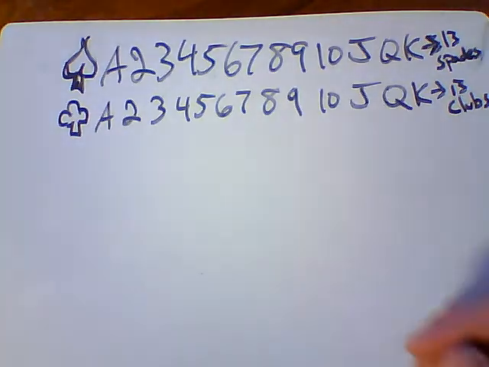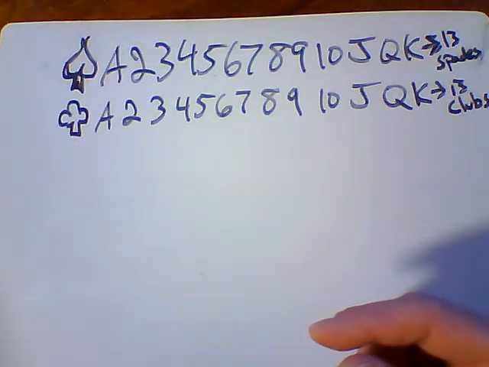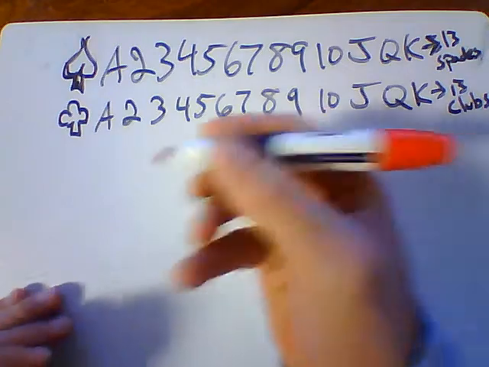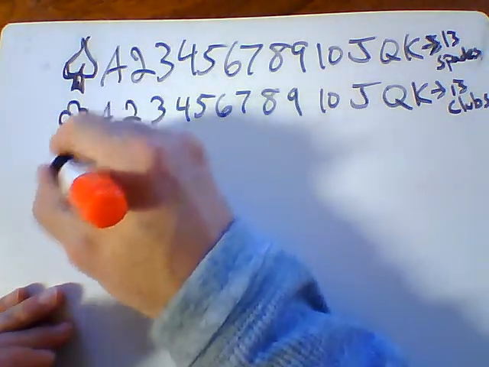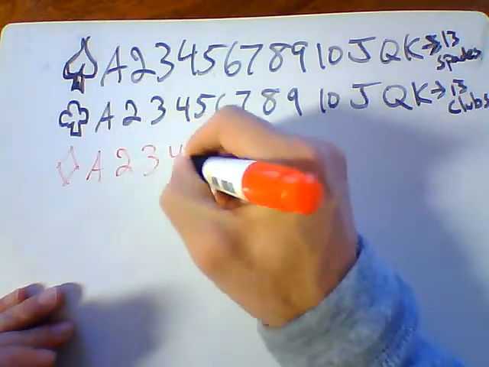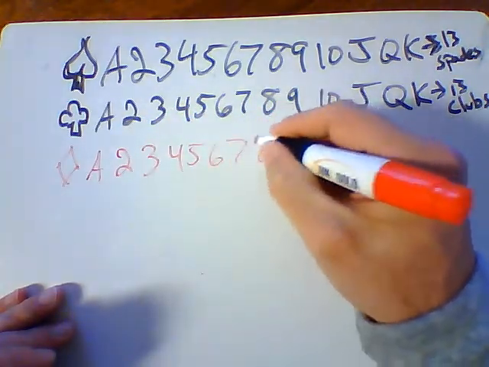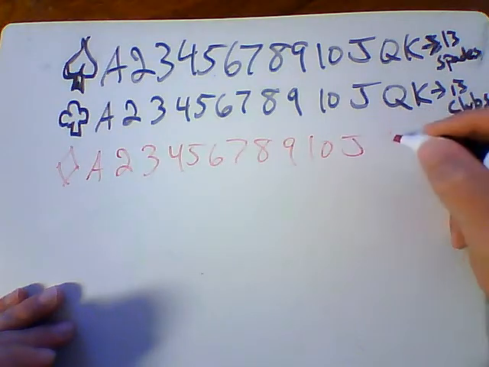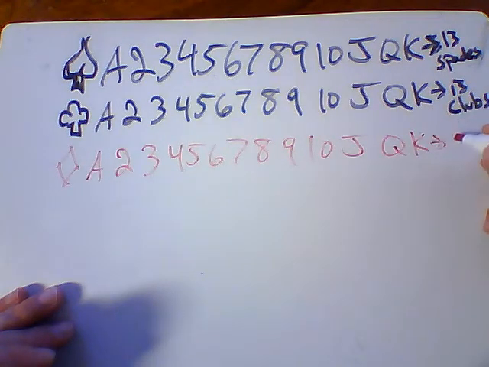So that's 26 black cards. Then we have diamonds, which also goes ace, 2, 3, 4, 5, 6, 7, 8, 9, 10, jack, queen, king. 13 diamonds.